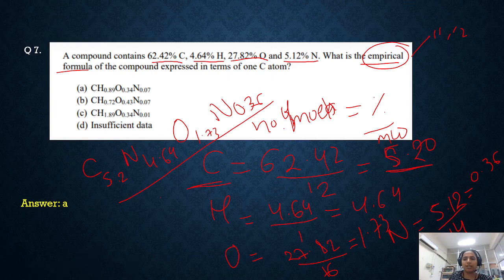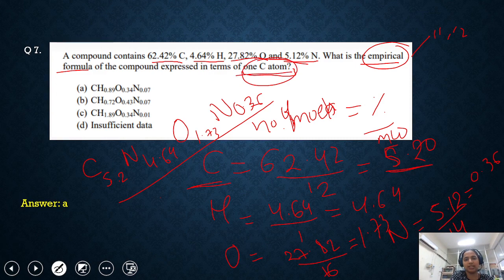So we have to read the full question. They are asking what is the empirical formula of the compound expressed in terms of one carbon atom. This is the main focus of this question, that they are asking about one carbon atom. So this carbon is 5.2. Sorry, I've written something wrong. Yeah, it is hydrogen.